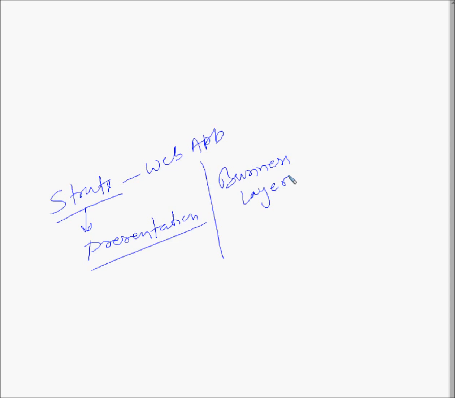Now, if we talk about Spring, it has huge support. What I mean here is, Spring has several sub frameworks. If we talk about the Spring framework, there are several sub frameworks. One is AOP, that is aspect oriented programming.